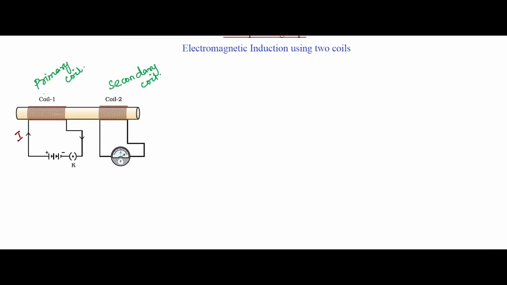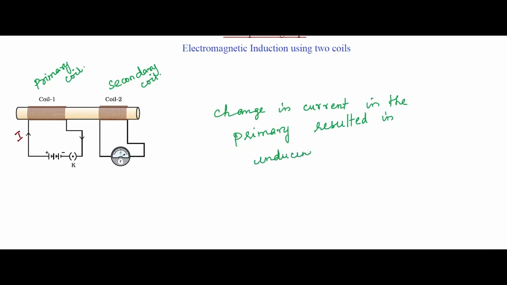Here, the change in current in the primary resulted in inducing a current in the secondary. This phenomenon, as we already know, is electromagnetic induction. And when we use a primary and secondary coil like this, we call it mutual induction.